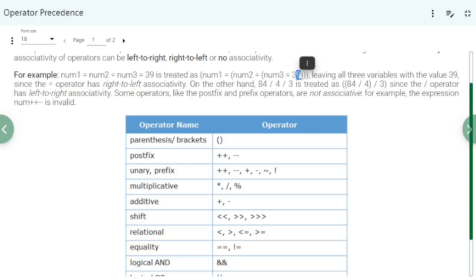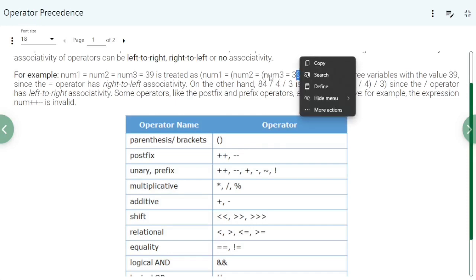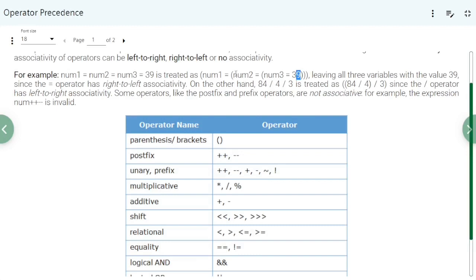So first this 39 gets assigned to the num3 variable. When this got assigned, then it had successfully solved these parentheses. Then it will move on to num2. Again, we have a parenthesis here for num2. So num2 equals num3, and num3 is having a value of 39. So num2 will also have a value of 39. And then finally, we have num1, so num1 will also have a value of 39. Why do we have to evaluate this inner parenthesis first?